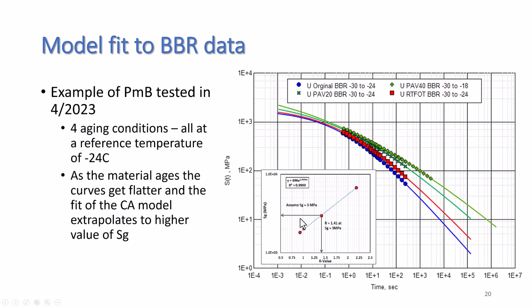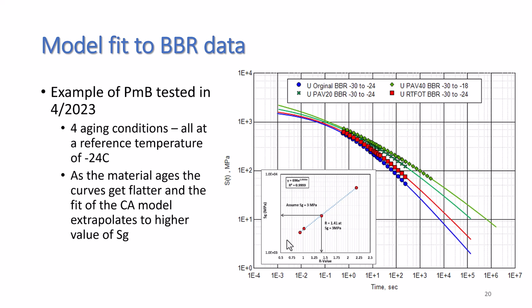Now, where that glassy modulus is assumed to be 3 megapascals, which is the recommendation from 959, we have that R value at 1.41. But it's very clear that the difference in the aging of these materials, or conditioning, it may be a better word to use there, shows that those materials clearly change in terms of their glassy modulus with age.